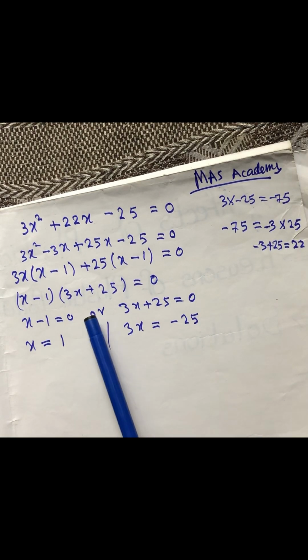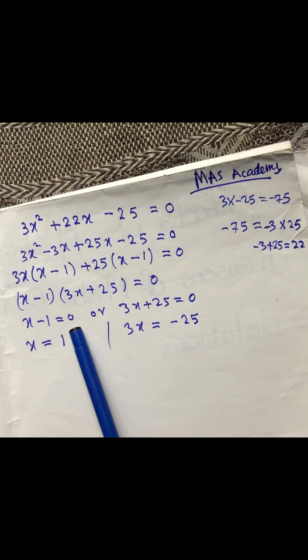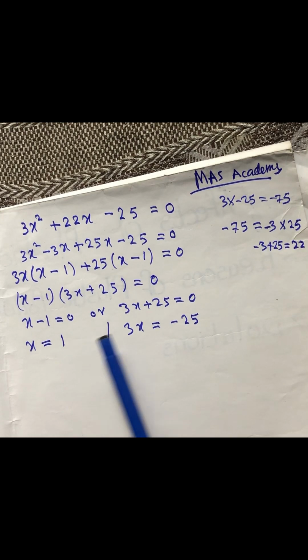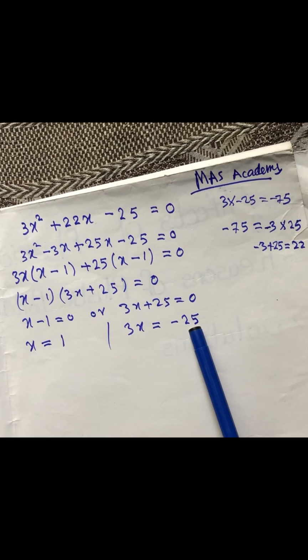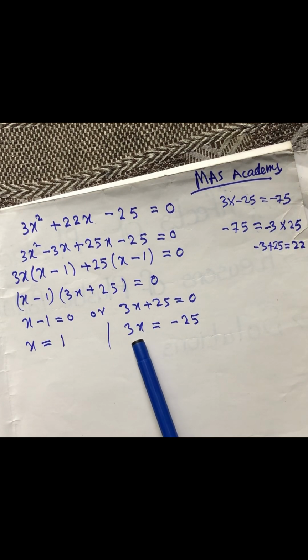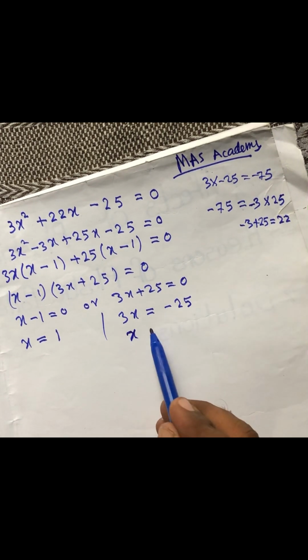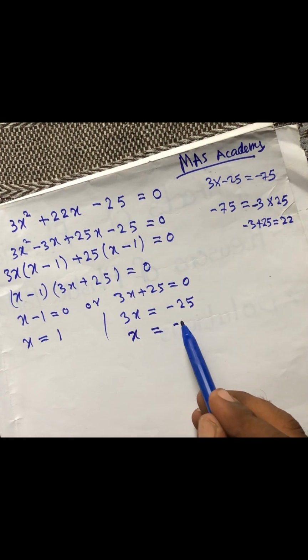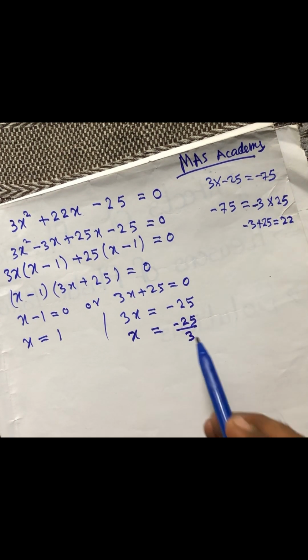Between these two, one has to be 0. Shifting this minus 1 to the right hand side, it will be plus 1, and after shifting plus 25 to the right hand side, minus 25. 3 is being multiplied, then shifting 3 to this side, it will be minus 25 over 3. 3 will be divided here.